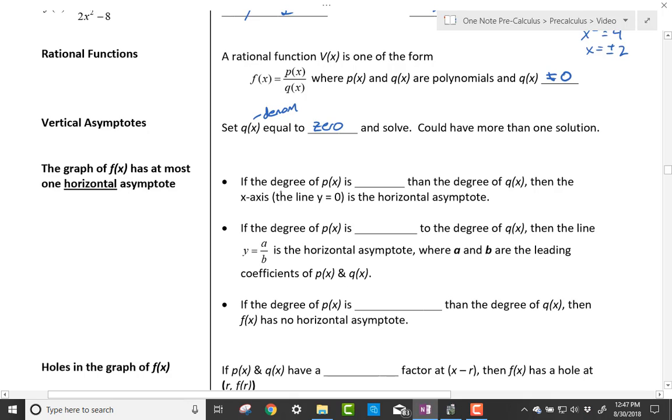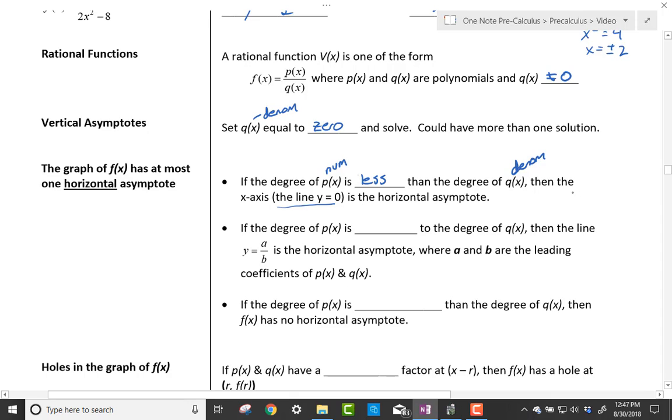If the degree of p of x, okay, so this is the numerator, if the degree of the numerator is less than the degree of q of x, again, this is the denominator, so if the degree of the numerator is less than the degree of the denominator, then the line y equals 0 is the horizontal asymptote.